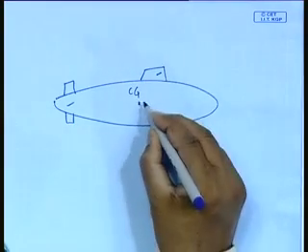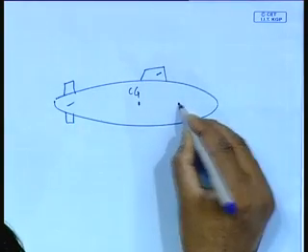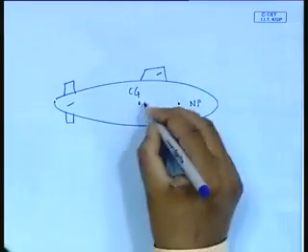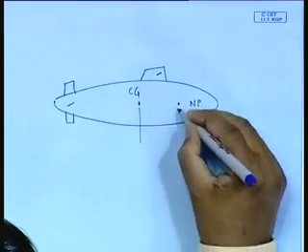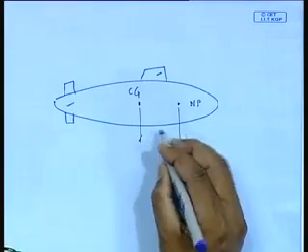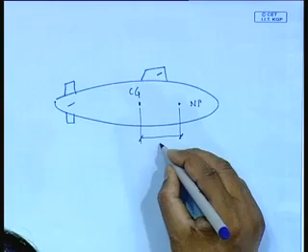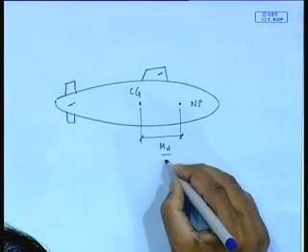There is a point called the neutral point. This is my CG, and this distance, let me first tell you, is given by mw by zw.